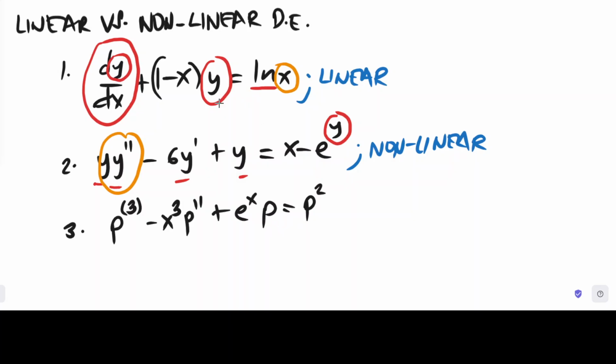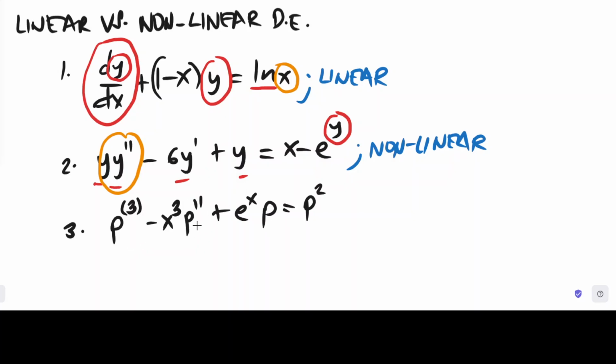So let's verify if this is a linear DE or not. The first rule again is that the dependent variable and its derivatives should be raised to 1 only, right? So the third derivative of p is raised to 1.